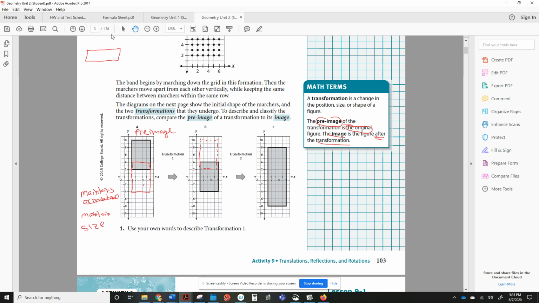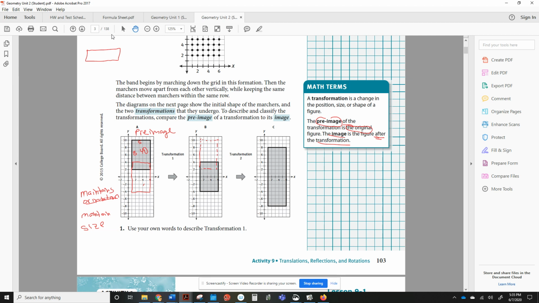One thing we could do to prove that it maintained its size is find the area. We could say that this one is 8 units tall and 5 units wide. I believe you remember from earlier courses that that would mean 40 square units.